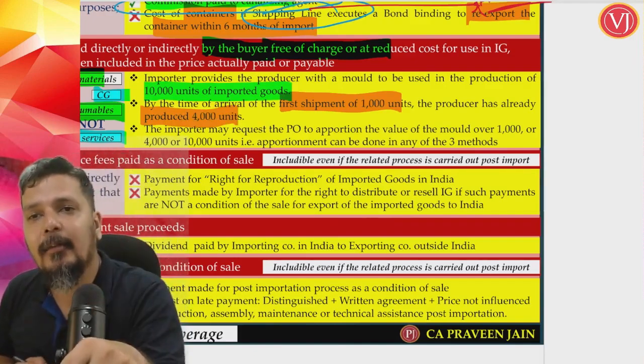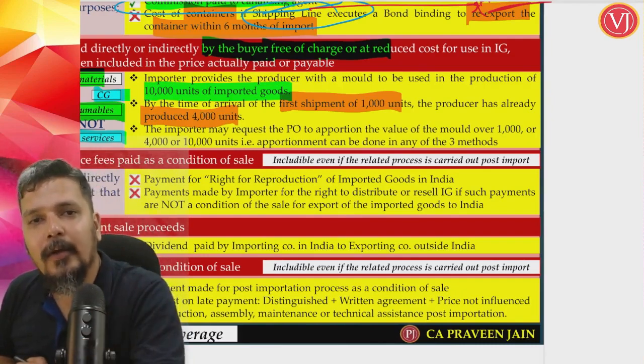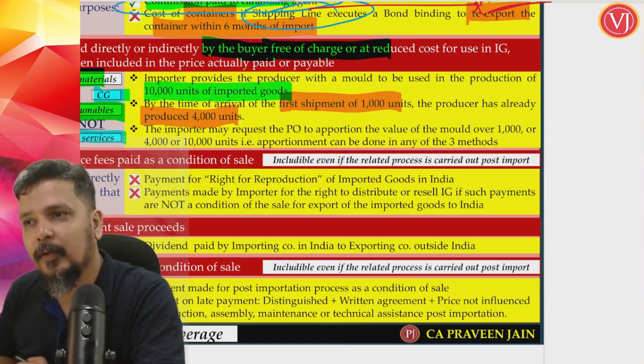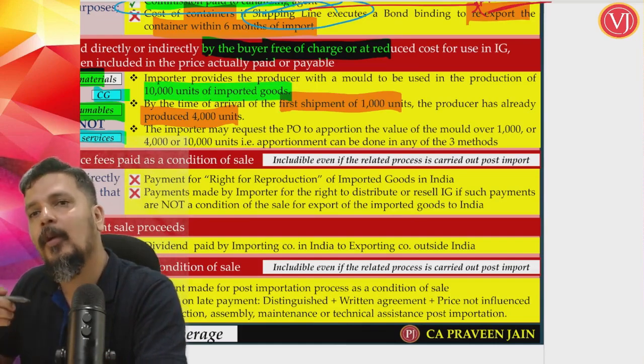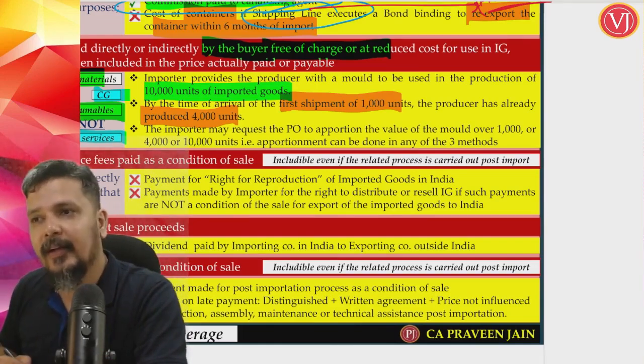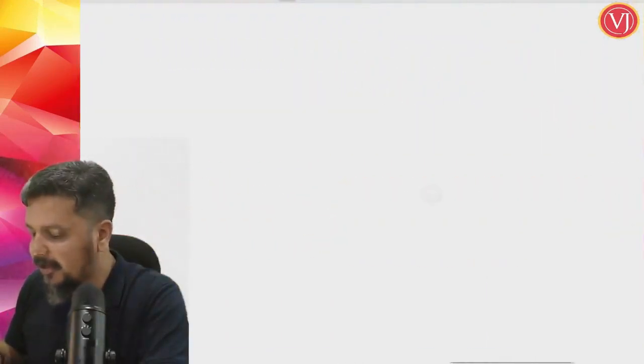The contract number of units is 10,000. What you are importing now is only 1,000. The exporter of USA has already manufactured 4,000. Assume that the importer of India has sent capital goods to the exporter of USA. What will be the addition that you will do?